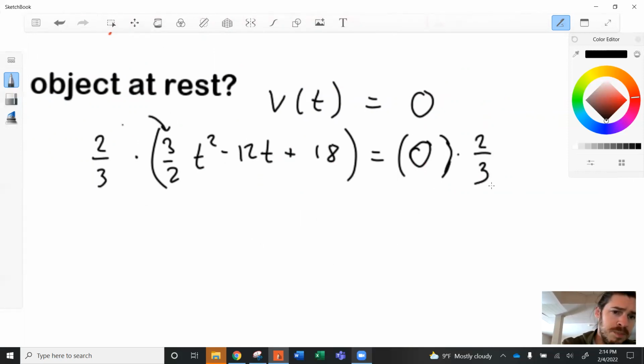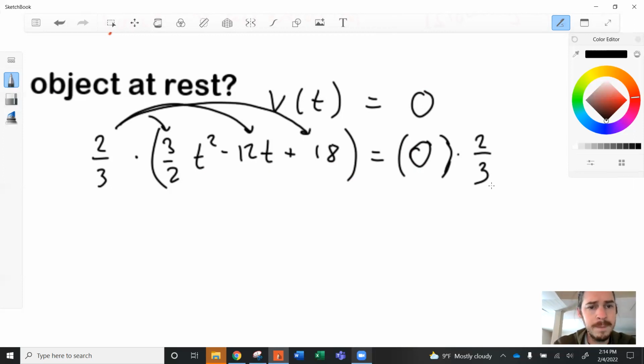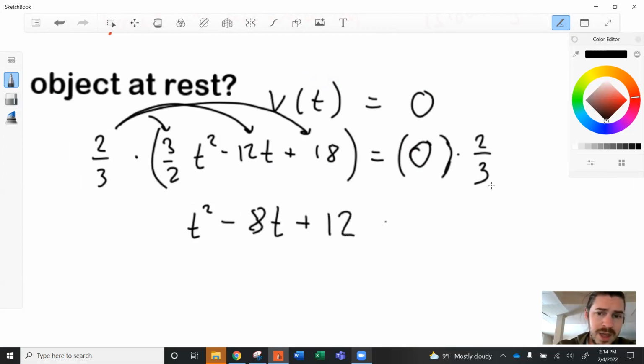Now I distribute that multiplication across the addition and subtraction. I chose 2/3 because when I multiply 2/3 times 3/2, those will cancel. So what I get here is just 1t squared, and then minus, you can double check, 8t, and then plus 12, which still equals 0 on the right.